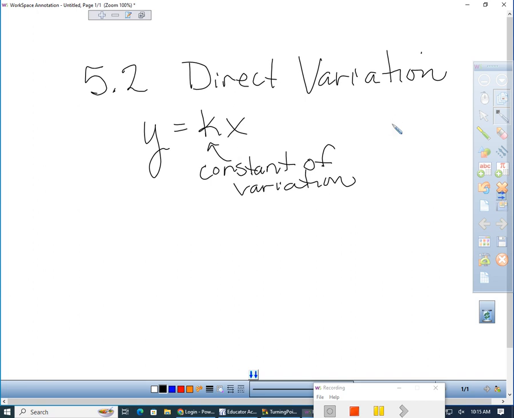Now, a couple special things about a direct variation. You can find k by getting k by itself and dividing by x. So k equals y divided by x.